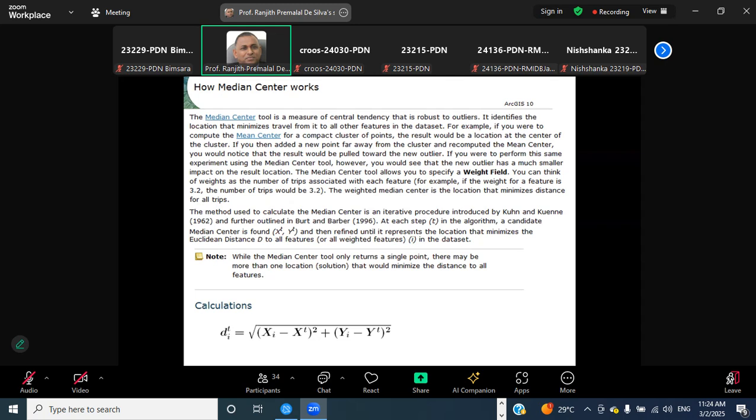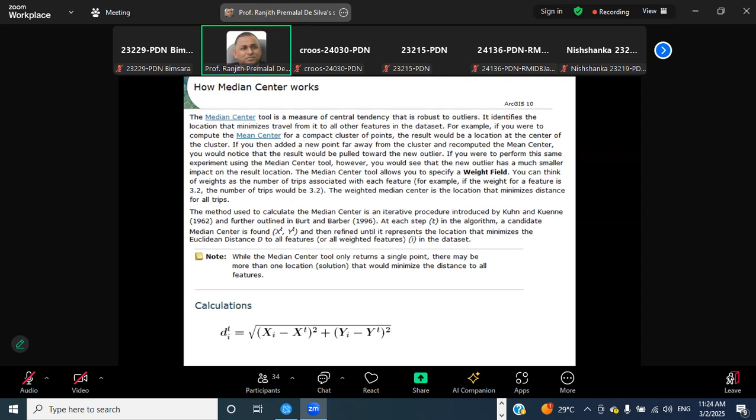The median center tool allows you to specify a weight field as well. You can think of weights as the number of trips associated with each feature. The weighted median center is the location that minimizes distance for all trips. The method used to calculate the median center is an iterative procedure introduced by Kuhn and Kuenne in 1962 and further outlined by Burt and Barber 1996.